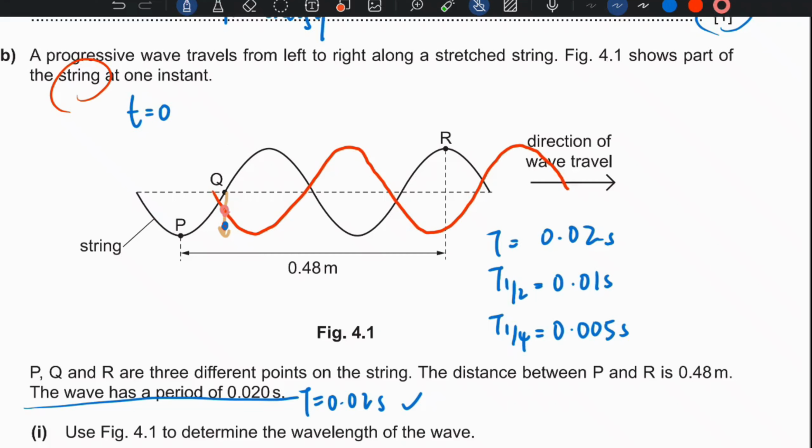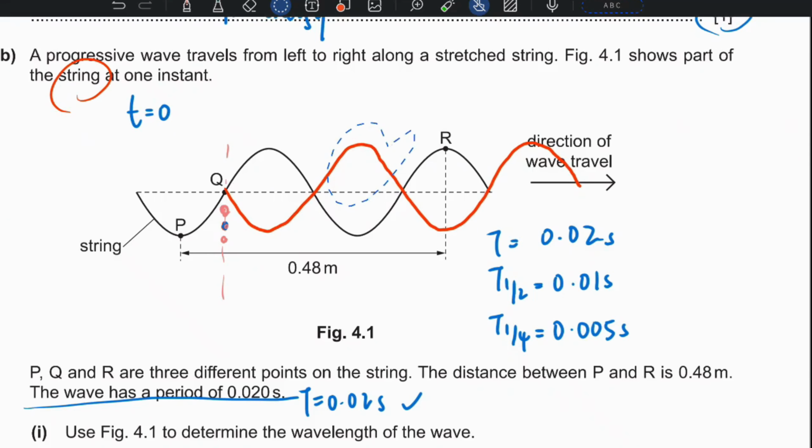Here. This is your Q, right? So from down here just now, it goes up here, then it goes up here. So now at t equals 0.01 seconds, it's going to go back to its initial position. So basically at t equals 0.01 seconds, point Q returns to its initial position and half a cycle is completed.